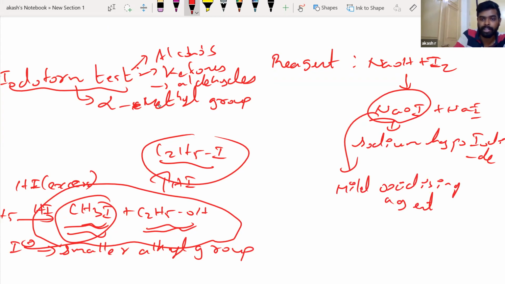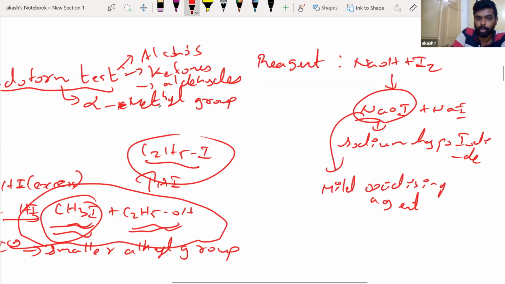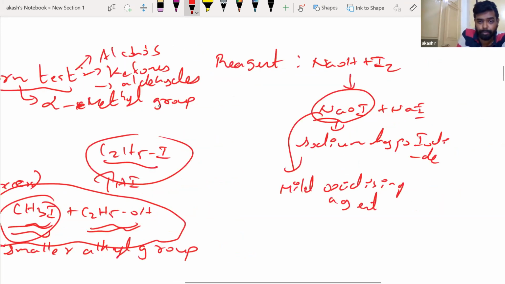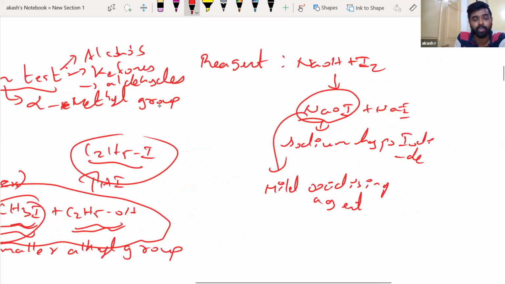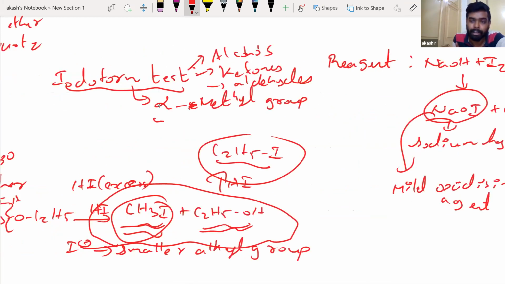Now I told you that the compound which can give a positive test for iodoform is when I have an alpha methyl group. That means in the alpha position, I should have a CH3, right? Look at this, people.